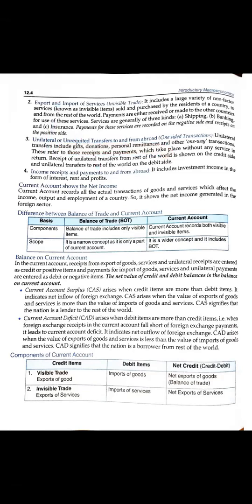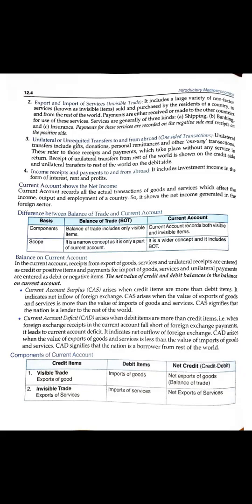So unilateral transfer includes gifts, donations, personal remittance, and other one-way transactions. These refer to those receipts and payments which take place without any service in return. Receipt of unilateral transfer from the rest of the world is on the credit side, and unilateral transfer to the rest of the world will be noted on the debit side.